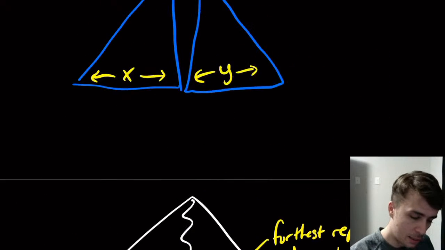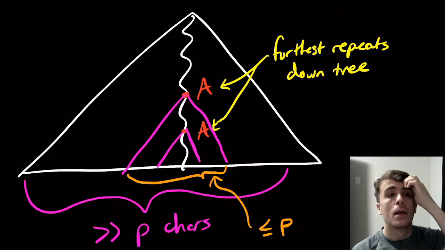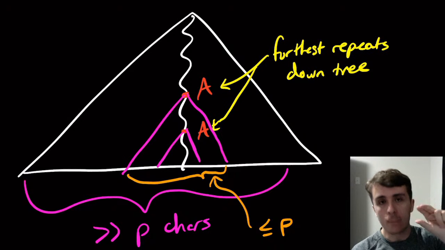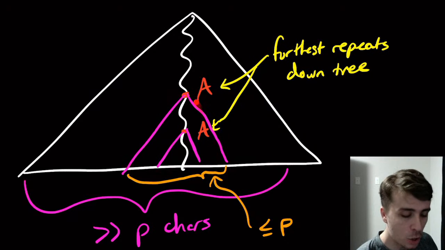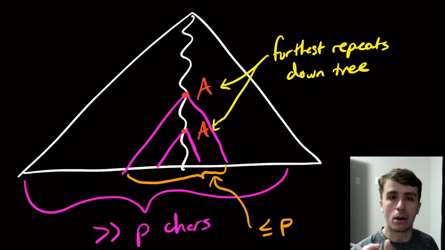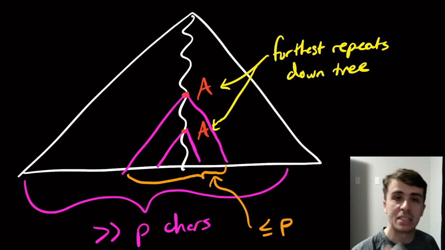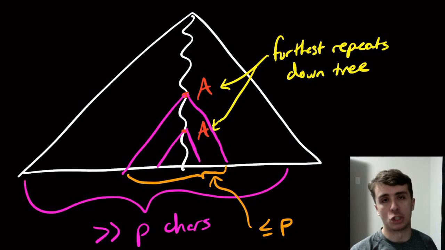We can ensure that the number required to repeat here has that this part of the tree, the big occurrence of A, the part that it makes is at most P characters, where P is the amount that is needed to ensure that there is a repetition.